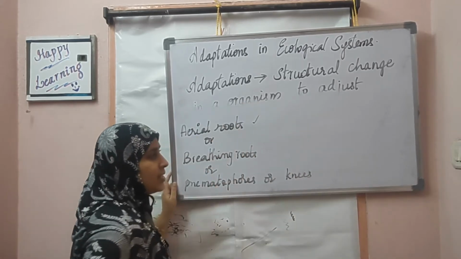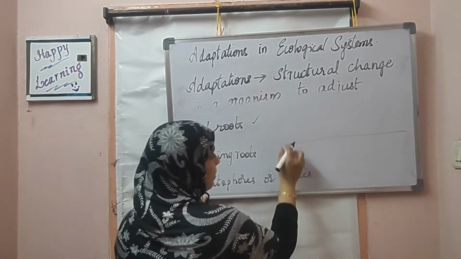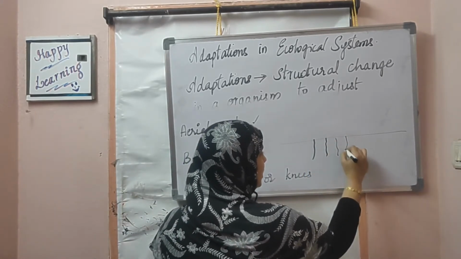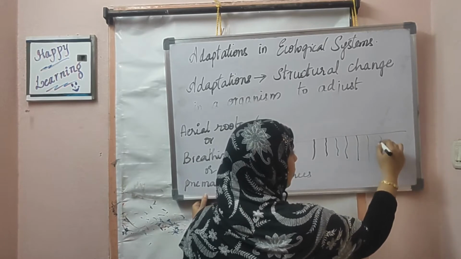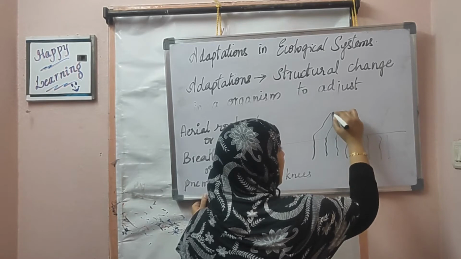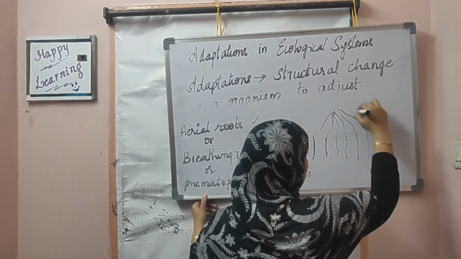They are called aerial roots because, if this is the marshy soil, the roots that help to anchor the plant, that means fix it to the soil, are present here already. Apart from that, these roots which are present aerially help in respiration of these plants.